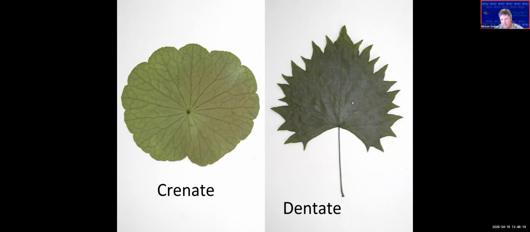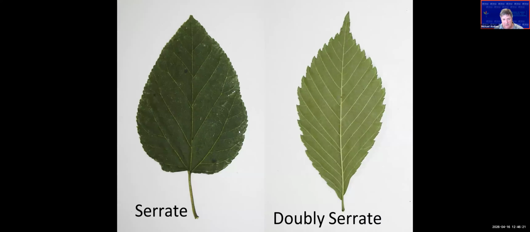They look like teeth, big, large serrations. There's serrate, which looks like a saw tooth, and then there's an example of that doubly serrate. When you see these kinds of things, that can help you make decisions as to what species you're looking at as well. So this is, again, slowing down, beginning to look at things and details that maybe previously you didn't in the past.